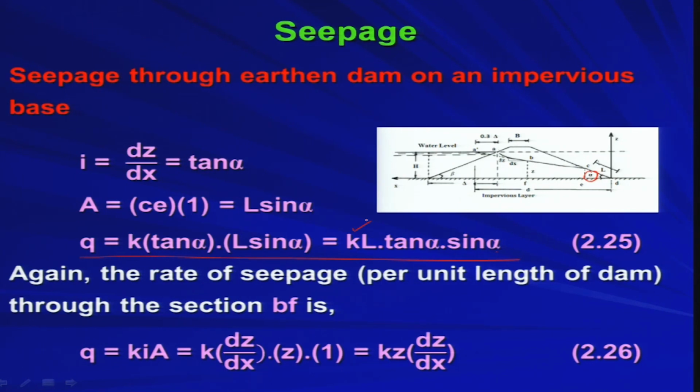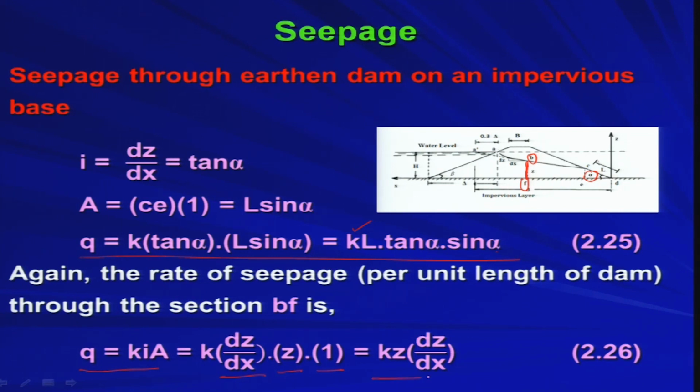Now, the rate of seepage per unit length of dam through the section BF, any section in between, is given by q equal to k into i into A. What is i? i is nothing but dz/dx. The cross-sectional area at section BF is z into 1, where 1 is the unit length normal to the plane, and z is the depth of section BF.